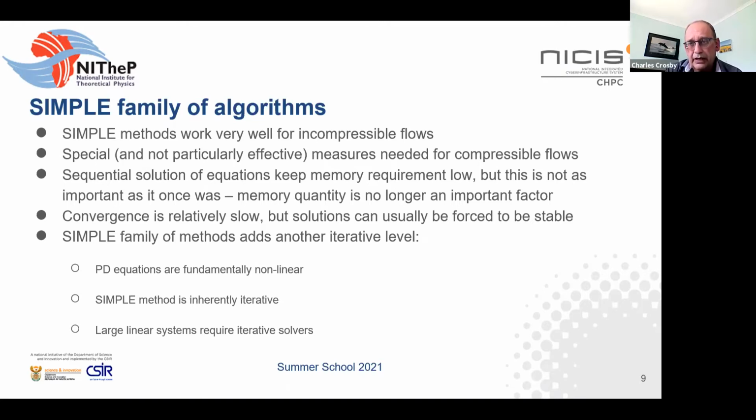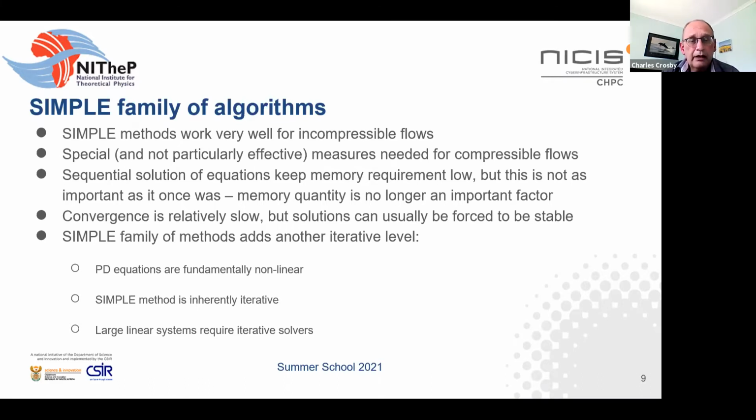Memory has become very cheap, so you can have a lot more memory per processor, and then parallel processing has become the thing. So you don't solve a single large flow domain on a single processor anymore. You distribute it over a range of computers, so you've got access to more memory that way anyway. So memory requirement for CFD, although it was a very important thing at one stage, is almost unimportant these days. You just want fast memory.